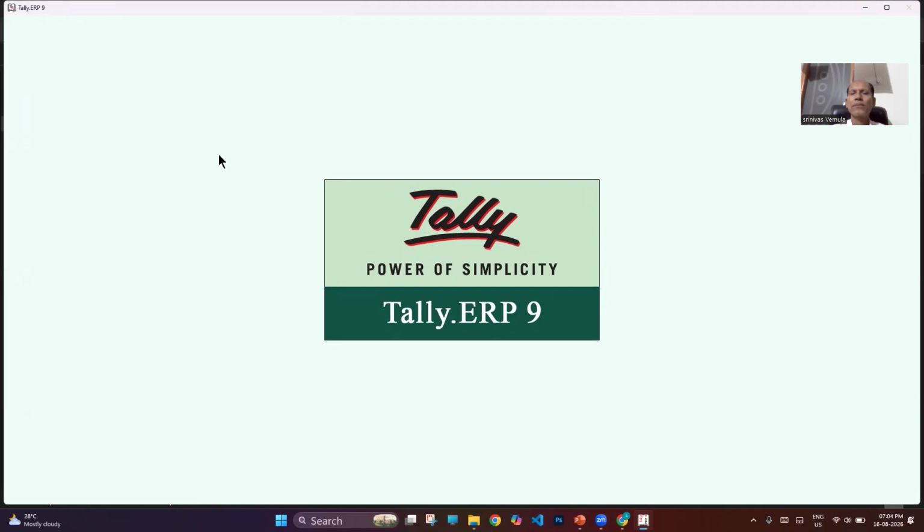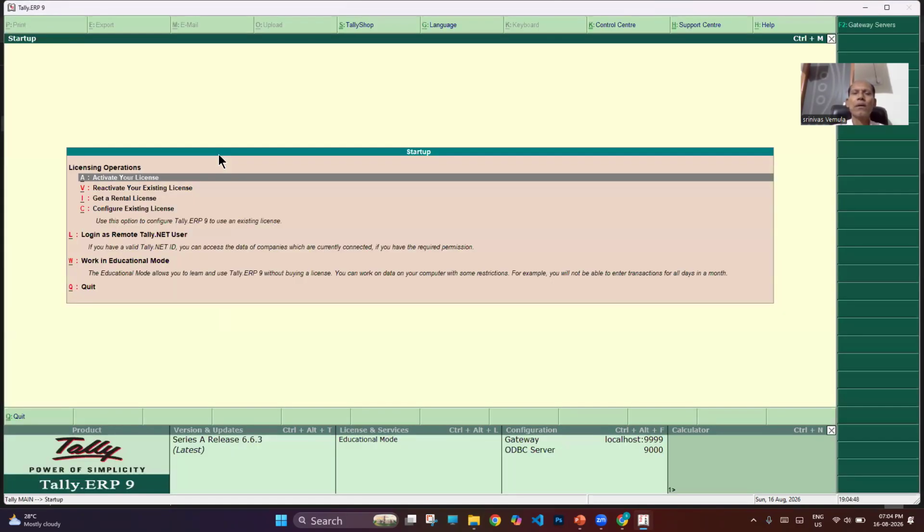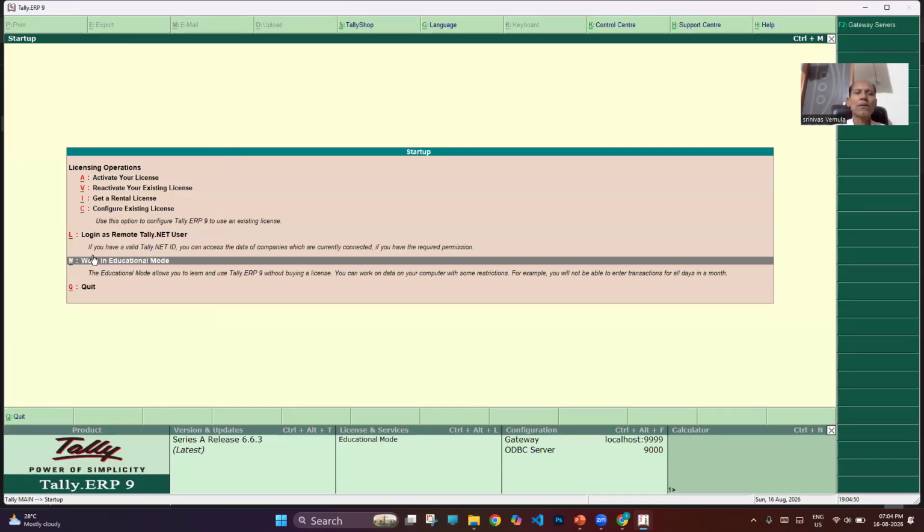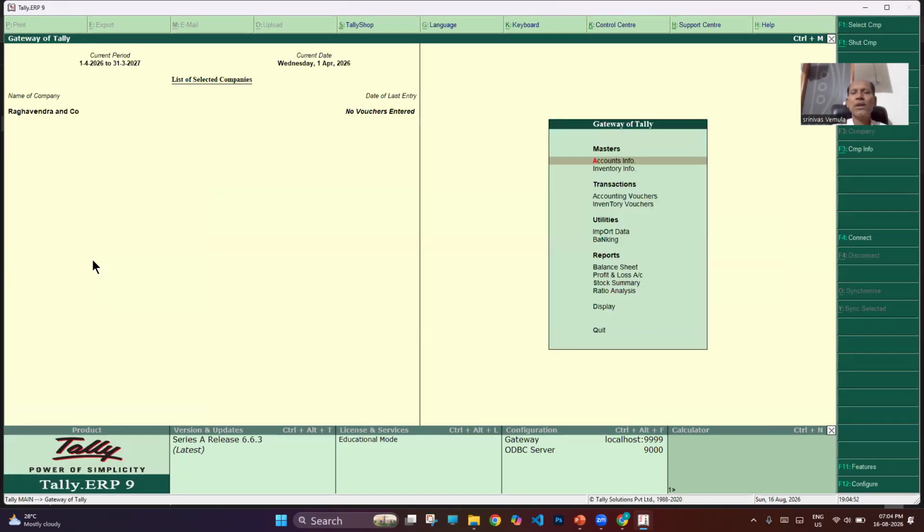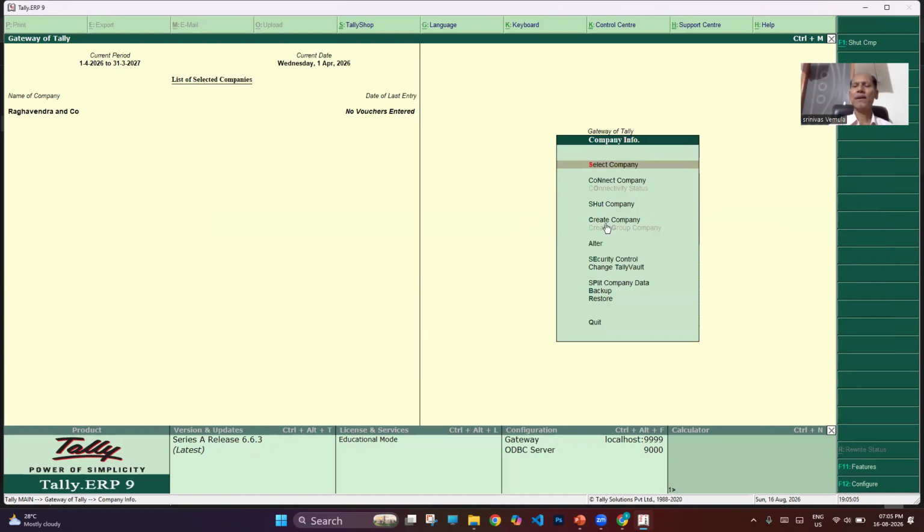Wait for some time. Now click on work in educational mode. Here we have to create a new company in the name of Prabhas. So go to F3, click on F3 and here create company.